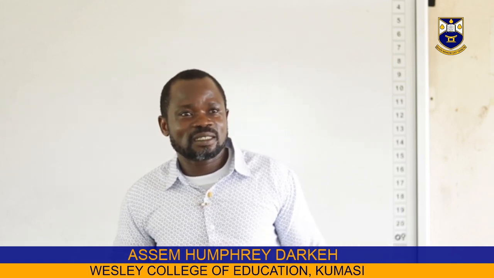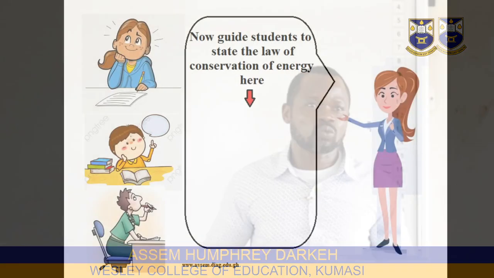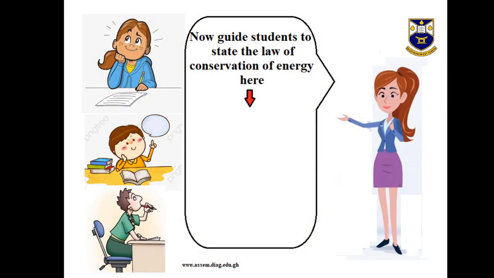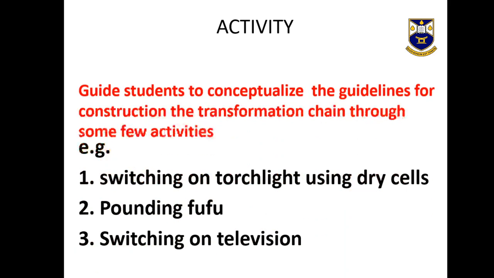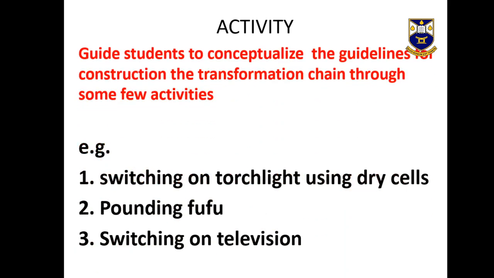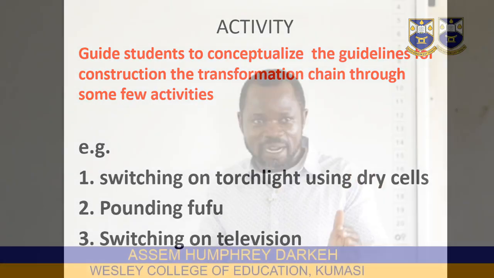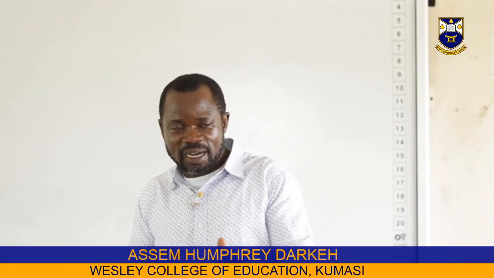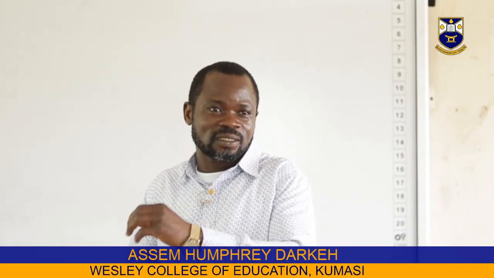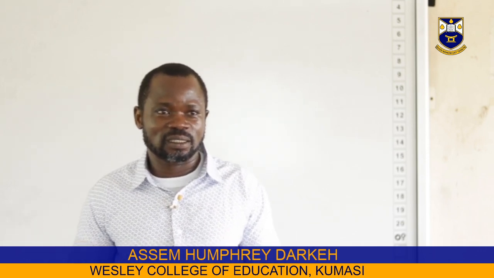Now, once you have done that, it is also very important to guide students to conceptualize the guidelines for construction of a transformation chain for energy, how energy will change from one form to the other, to maybe the last energy that you are interested in.